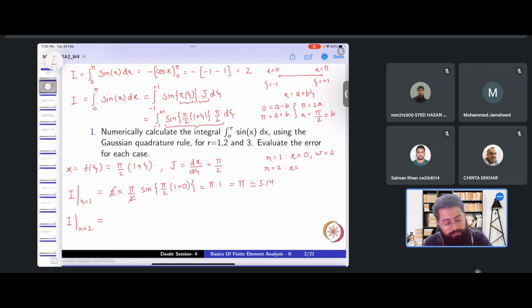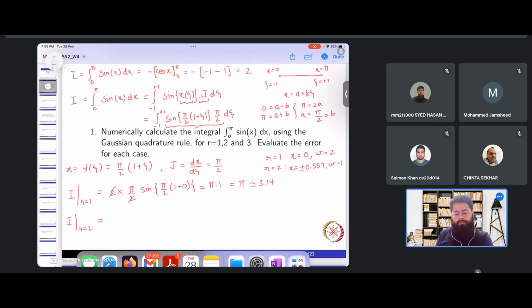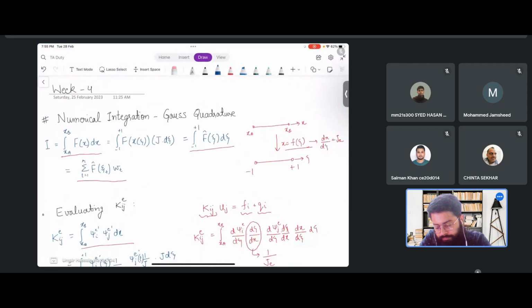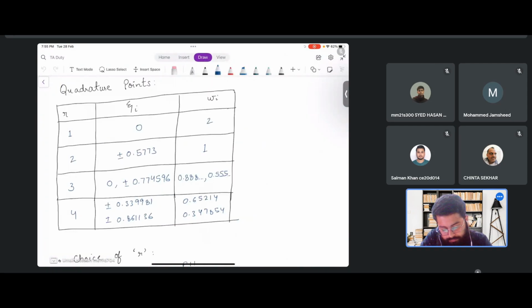It was plus minus 0.557 something, and the weight was 1. Can someone verify if this is right? Not exactly correct, it is 0.5773.